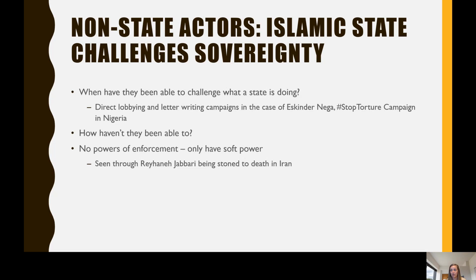Amnesty International did petition for her to be released. They had 240,000 signatures to pressure the Iranian government to release her. However, Amnesty International lacked power. They only had suggestive power, so they weren't able to do anything about it. So this did result in her being stoned to death.